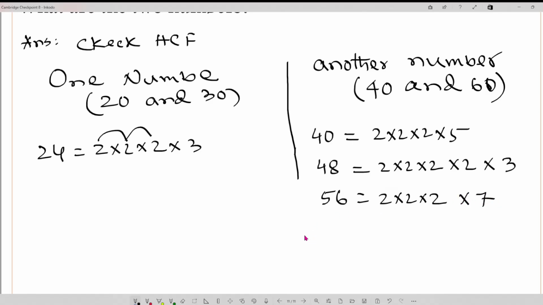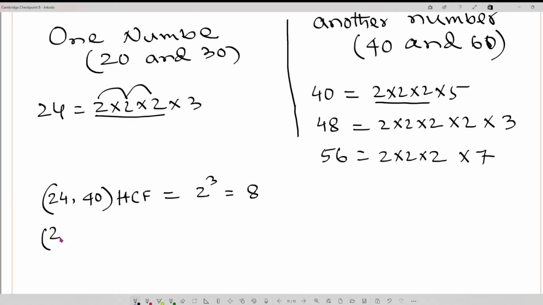First we check 24 and 40. Here there are three 2's and here also three 2's. So 2 to the power 3 is the common thing, it means 8.